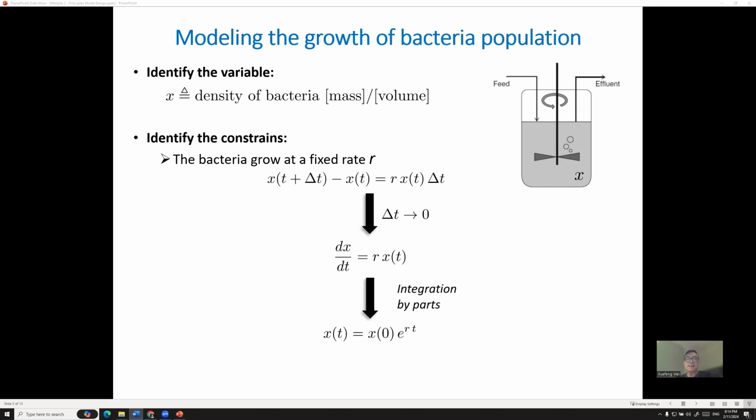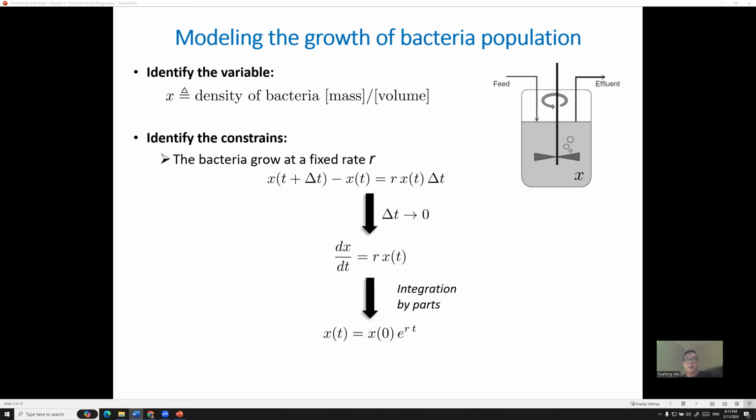This means that the density x will reach a certain saturation, so it cannot grow indefinitely. Also, the chamber has a finite volume, and therefore I cannot host more than a certain amount of microbial mass or bacteria at any time.